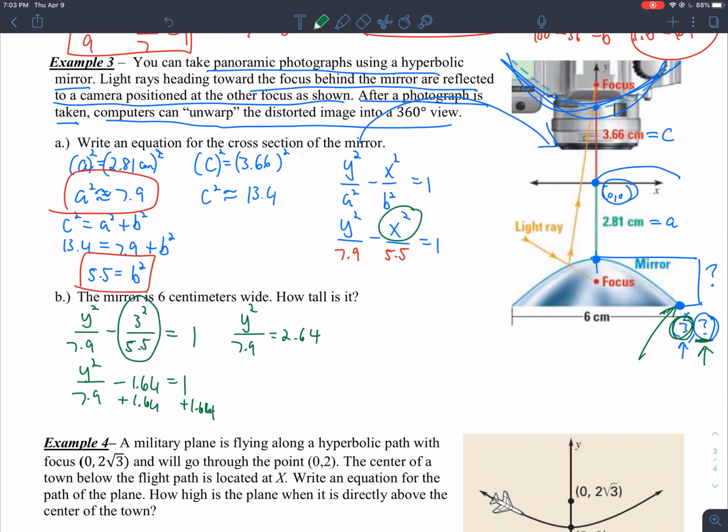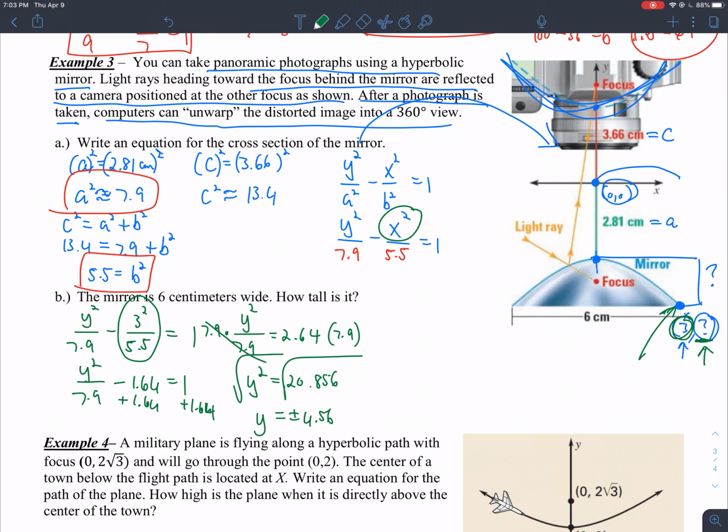Then multiply both sides by 7.9 to cancel this, and I get y squared equals 2.64 times 7.9. You get 20.5856. Then I want to find y, so y equals plus or minus, and we'll talk about that, plus or minus 4.56.